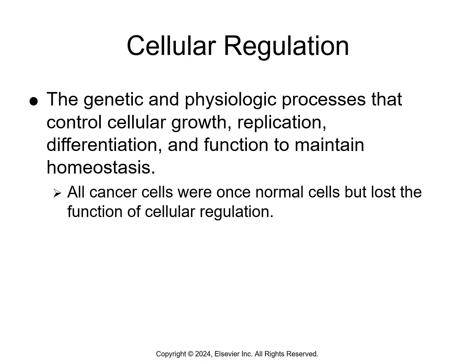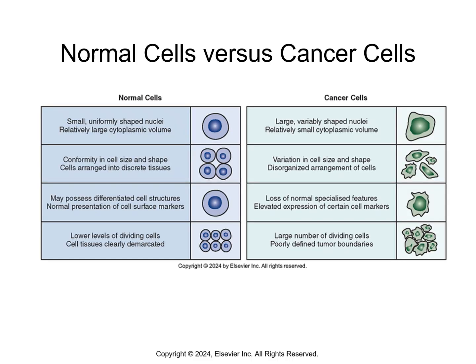Cellular regulation, the body has a built-in system to control cell growth, and cancer occurs when mutation damages the control system. So all cancer cells were once normal cells. So cancer is basically a normal cell that's lost its brakes, and the accelerator still works, but the brakes are gone. You can take a look at this slide, normal cells versus cancer cells.